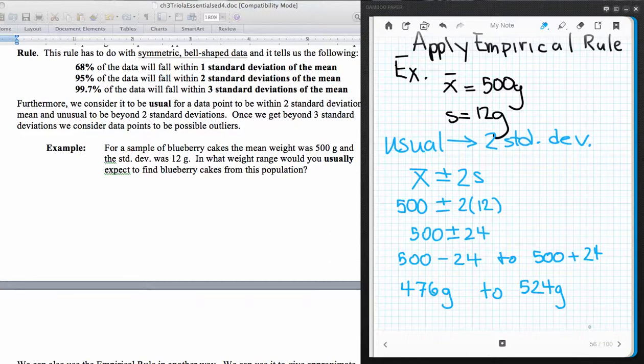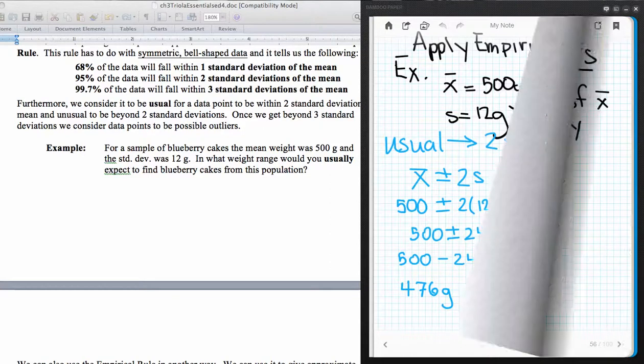If it doesn't, then maybe we're less than happy, and maybe this baker is baking a little heavy, making the cakes bigger than they should, or maybe they're baking a little light, making the cakes a little lighter than they should. And that wouldn't be good business practice. We'd want things that are as consistent as possible. And of course, we know with humans, we're always going to have some type of human error, so we want to watch that.